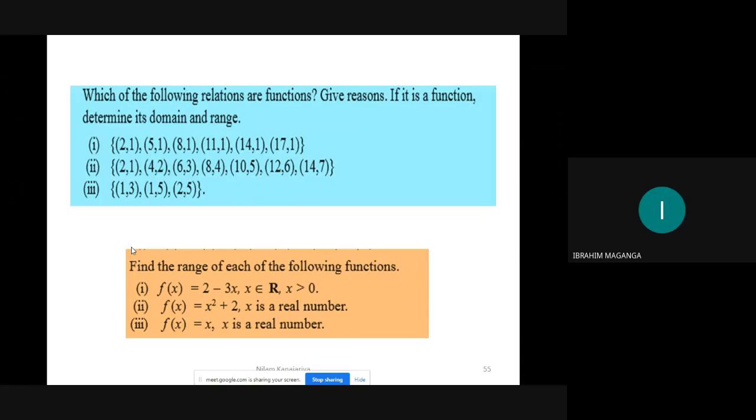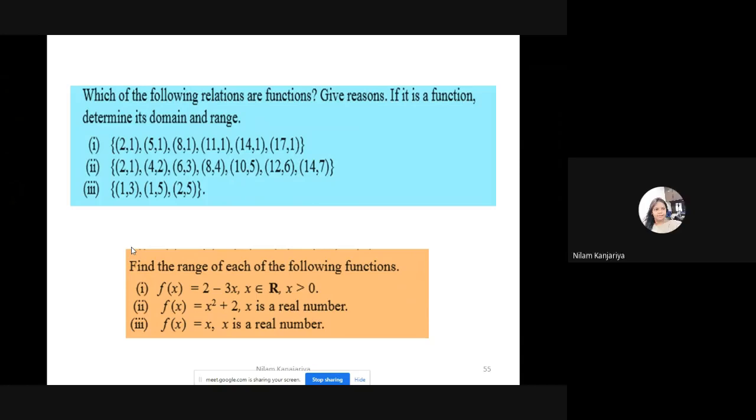The second one is a function, and the domain is 2, 4, 6, 8, 10, 12 and 14. The range is 1, 2, 3, 4, 5, 6 and 7.